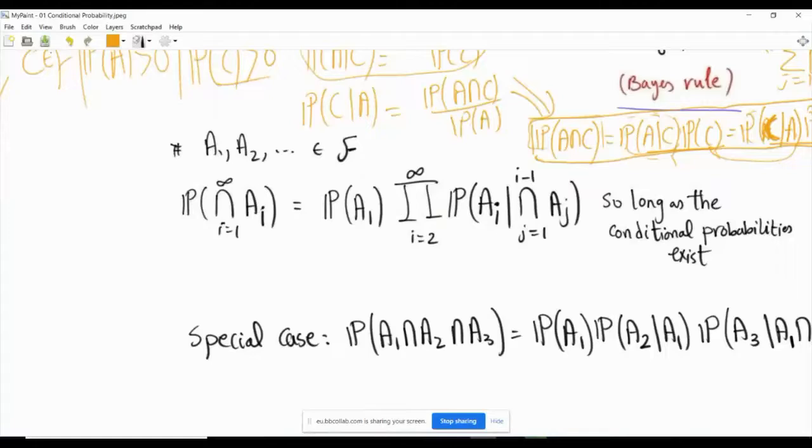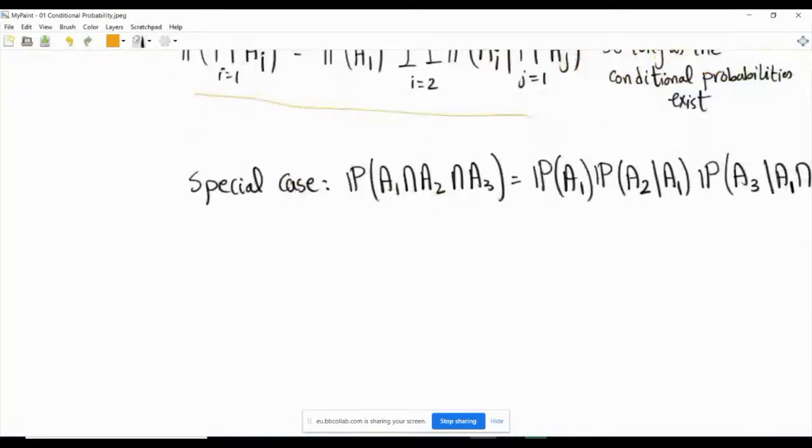Also we can have the product rule. The product rule is also very useful, and this is its general form. It's basically a generalization of this idea here. So what is the probability of the intersection? We see now that we can write the probability of the intersection, if the conditional probabilities are well defined, as the probability of A1 multiplied by the probability of A2 given A1.